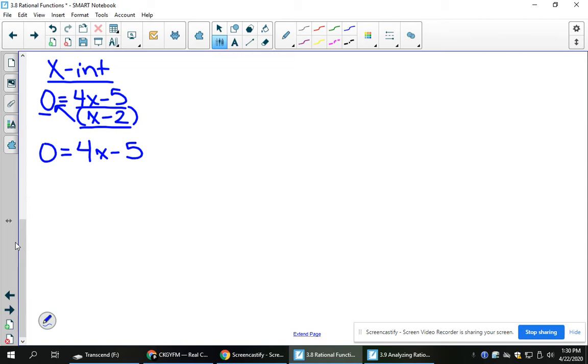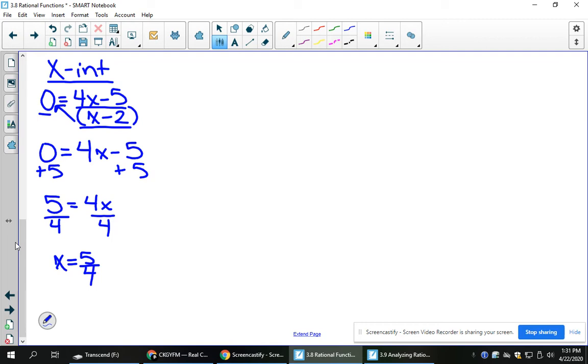This step happens every single time. So you can jump to this step where 0 equals the numerator because you know the denominator is going to multiply by 0 and therefore be 0. Then I'm going to do my basic algebra steps to get an x-intercept at 5/4, about 1.25.